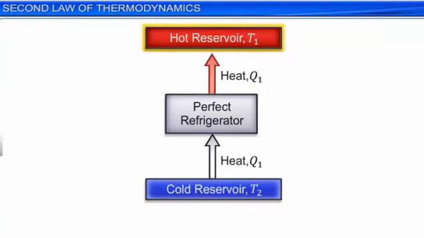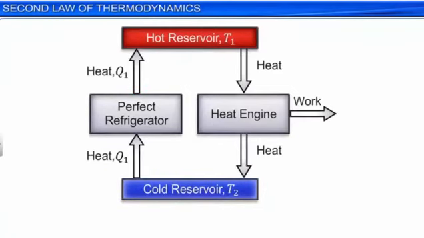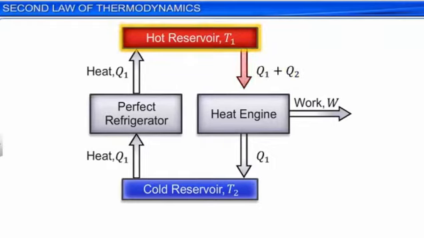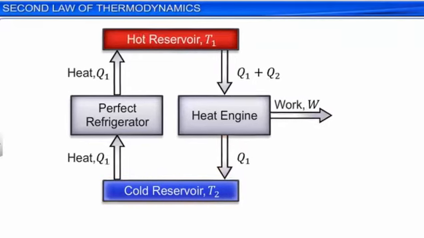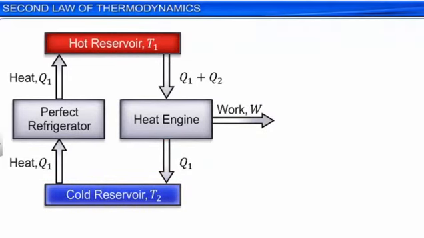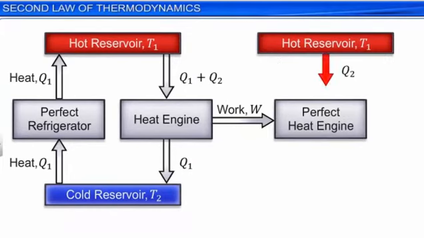Let us also assume that this heat engine absorbs heat energy of Q1 plus Q2 from the hot reservoir, does some work W, and returns heat Q1 to the cold reservoir. If we take the combination of these two, the net effect is the absorption of heat Q2 from the hot reservoir, which is converted completely into work W. We can have a perfect heat engine. That means that if one form of the second law of thermodynamics is violated, the other form is also violated.